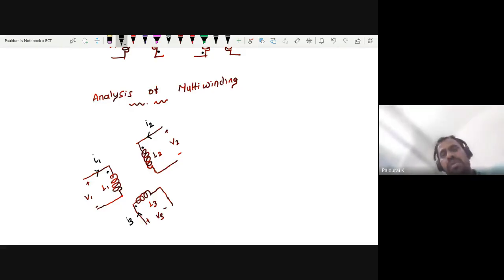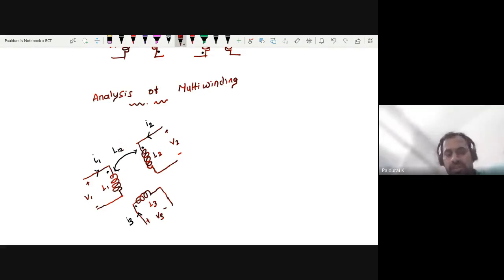So coupling means definitely you want to speak with not only self-inductance, then you want to look for mutual also. Okay. So between 1 and 2, this time take this is L12. Actually it is M, but before two coils, if you want to use L, you can use, but at the time you want to use the suffixes either 1 2 or 3 1, like that you want to use.